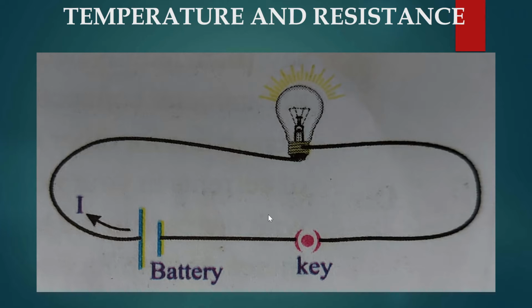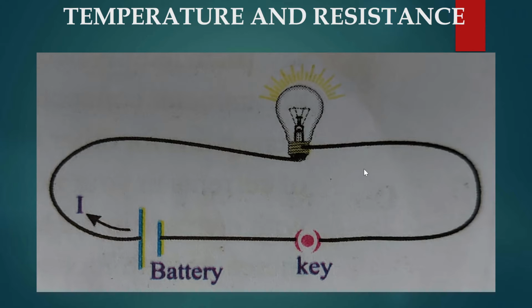We definitely see that there is a difference between the two readings. The resistance of the bulb in the second instance, once you have connected it in the circuit for a few minutes, is greater than the resistance found before connecting it in the circuit.